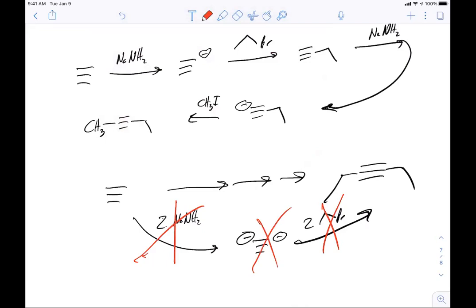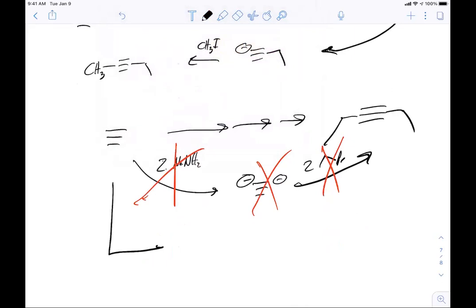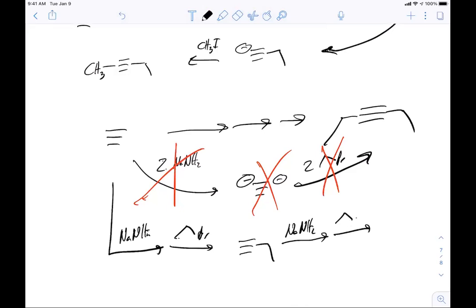So what you want to do in this step is to just go ahead and do what I did before, add 1, right? So add one side and then add the other side. So you can form that, you just have to do it in steps.